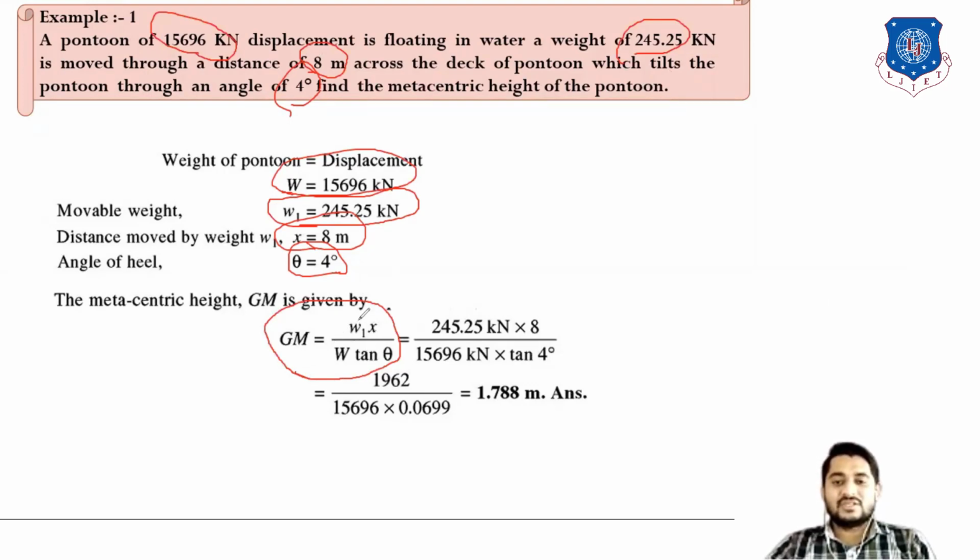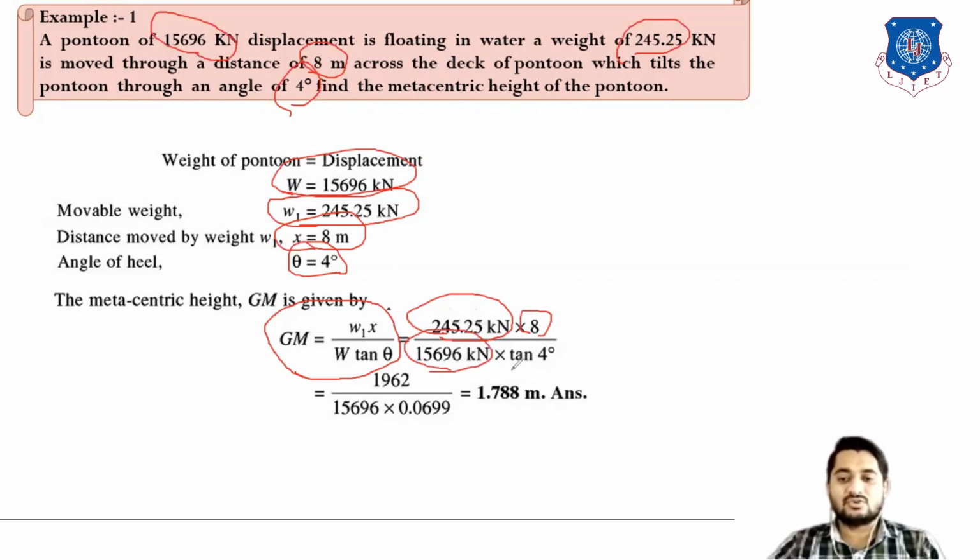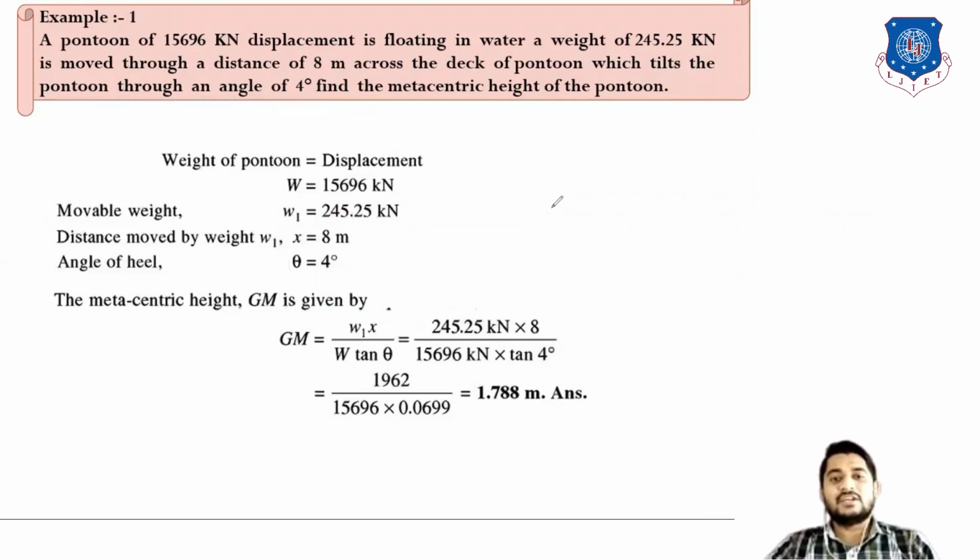Here W1 is equal to the small weight 245.25, x is equal to 8 meter, W is equal to 15696 kilonewton and theta is equal to 4 degree. That means our metacentric height will be 1.788 meter. Clear? If they have asked about the stability of this body, we can say this: here GM is greater than 0, so the body is in stable equilibrium.